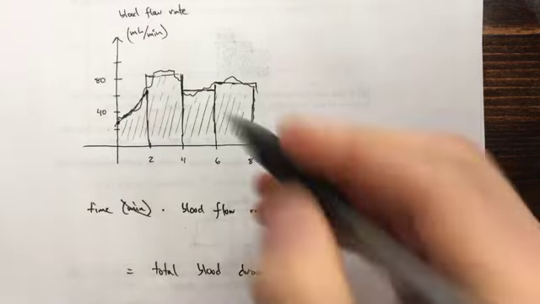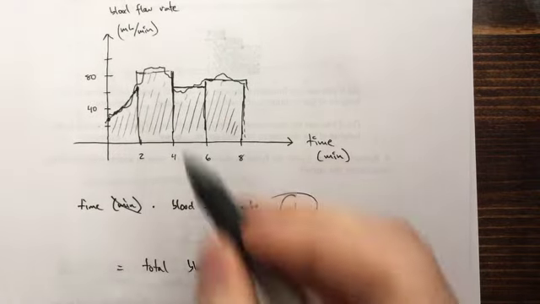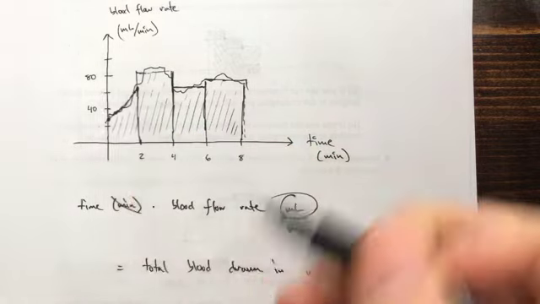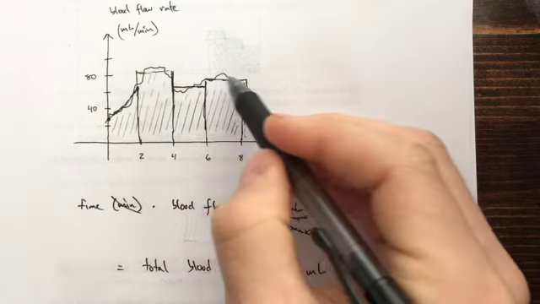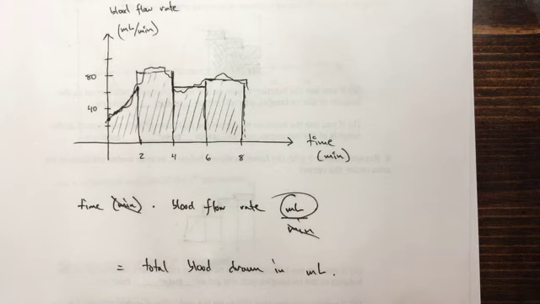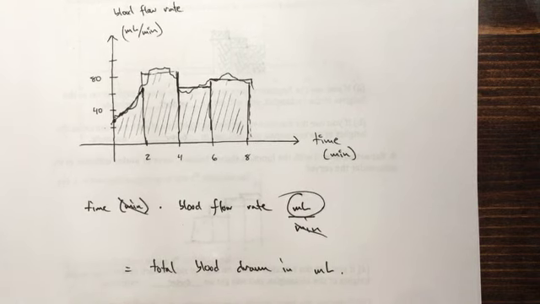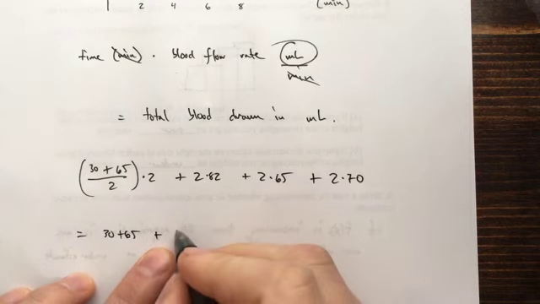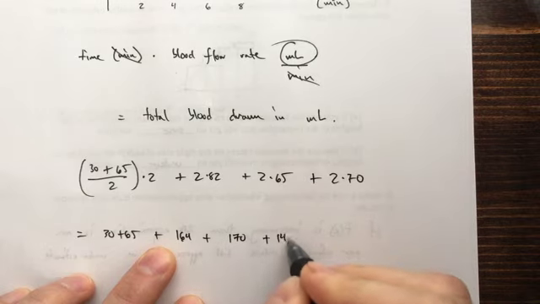Second one is 2 times, looks like the height is maybe 82. Third one would be 2 times, maybe 65. And then the last one, 2 times, so let's say 70. So these twos divide out, and you get 30 plus 65 plus 164 plus whatever this is, 170 plus 140.